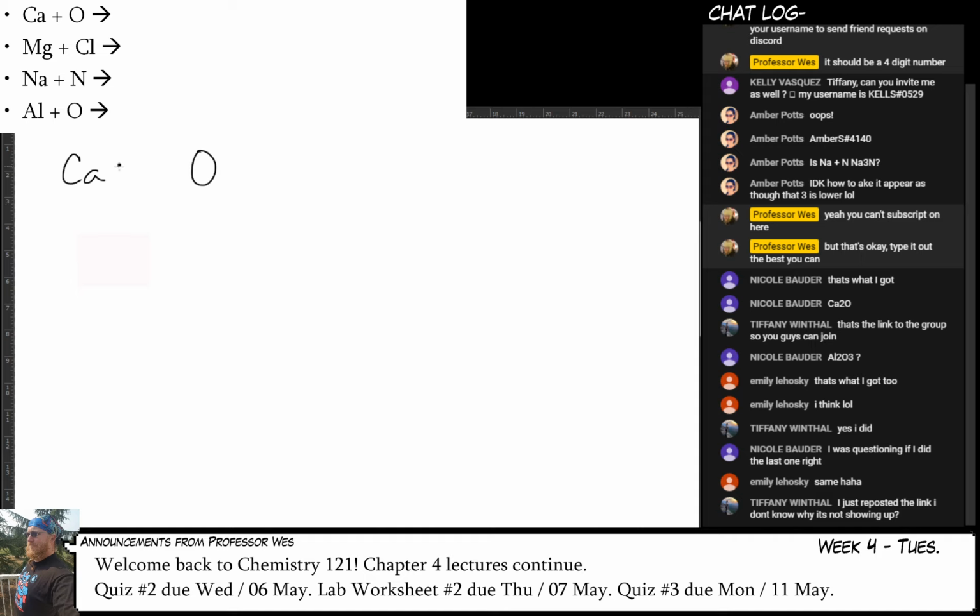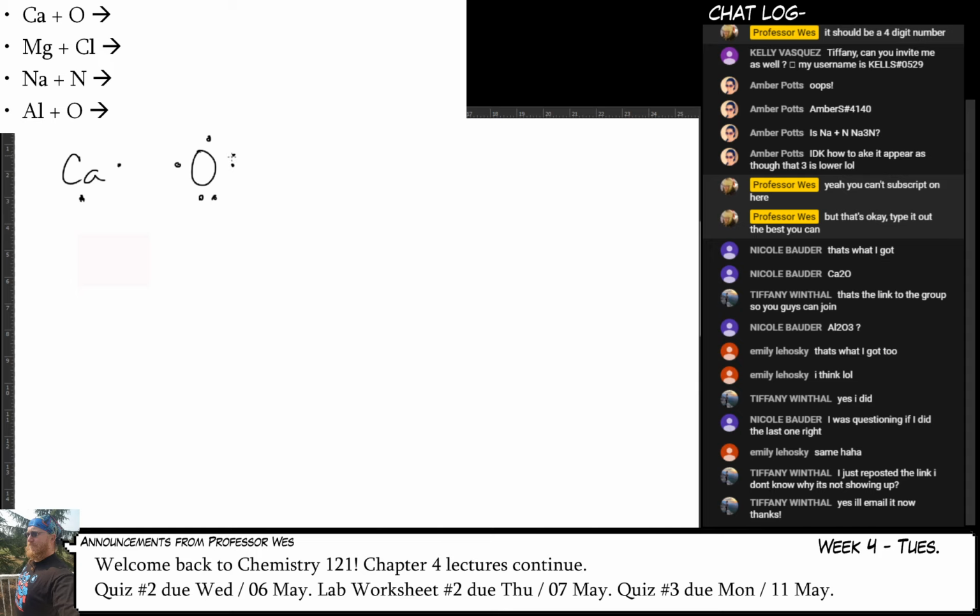Anyway, let's do calcium here. So calcium should have 2 valence electrons because it's in group 2A. Oxygen's in group 6A, so it's going to have 6 valence electrons. And then I'm going to pass one over here because I have a space to put it. And I'm going to put the other one in this space right here. Oxygen can take 2. Calcium's got 2.